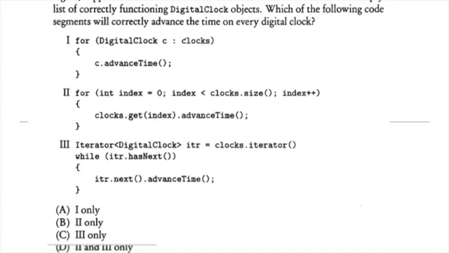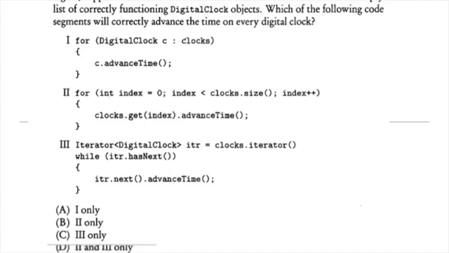Now the third one uses an iterator. Again, it's an iterator of type DigitalClock, with the declaration itr. Oh well, there's no semicolon, but it's just a small print error actually, so please just ignore it.